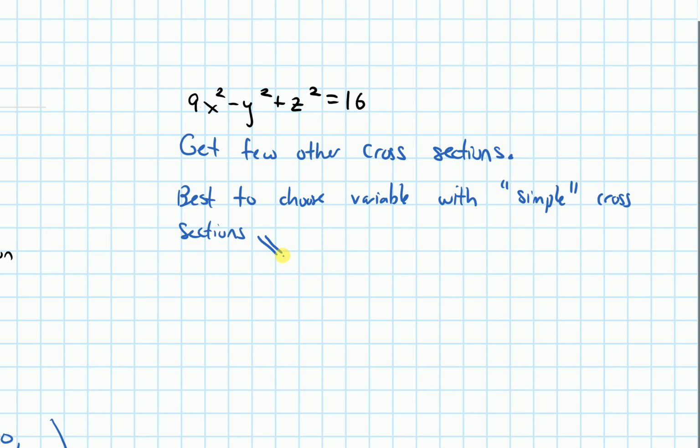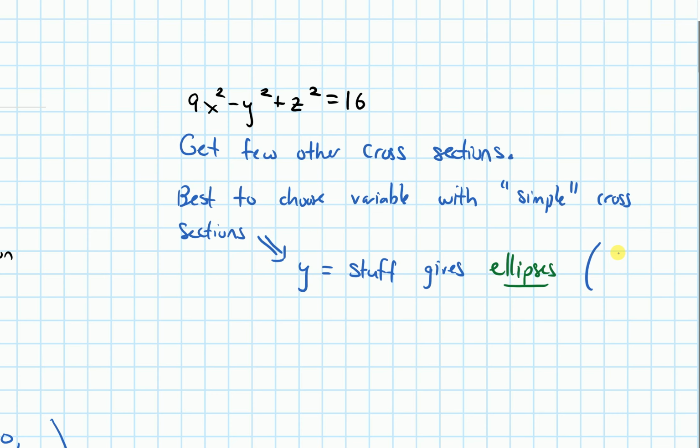So in this case, when we set each of those variables equal to 0, with two of them we got hyperbolas, and one of them we got an ellipse. The one that we got an ellipse for was y. So if we set y equal to some number, then this gives us ellipses.